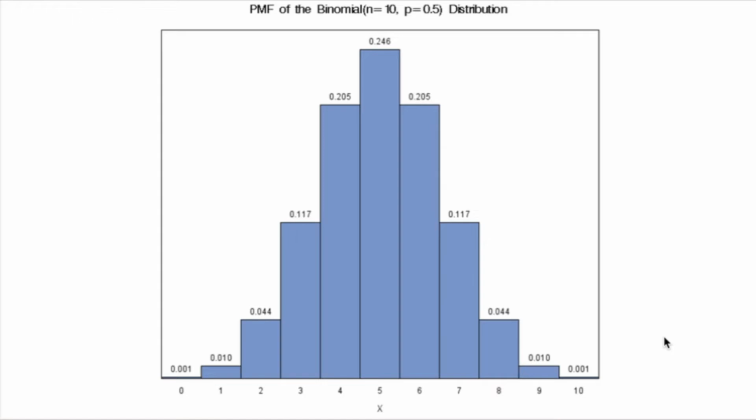Now, in our previous review lecture on the binomial distribution, one of the things that we learned was that when p is equal to 0.5, the binomial distribution is perfectly symmetric. So that is why we have a symmetric distribution right here. This is a graph of the binomial distribution with n equal to 10 and p equal to 0.5. And because p is 0.5, the distribution is necessarily symmetric.